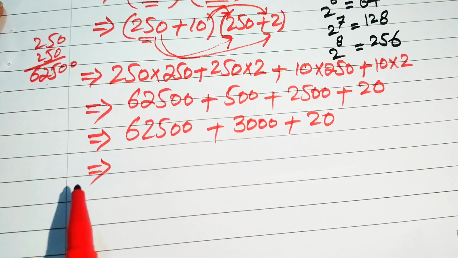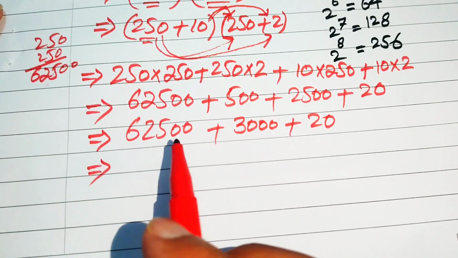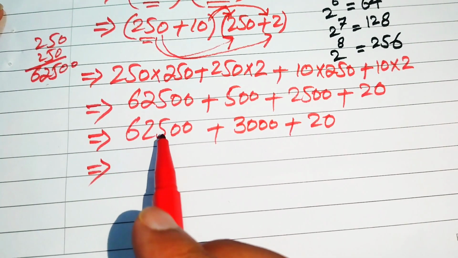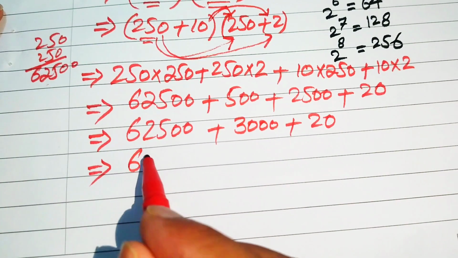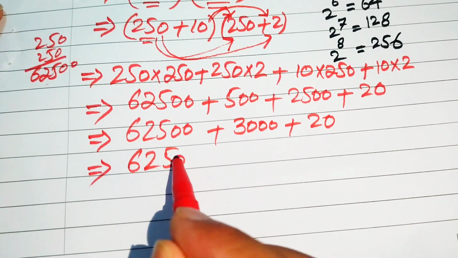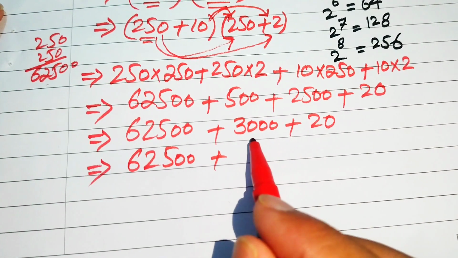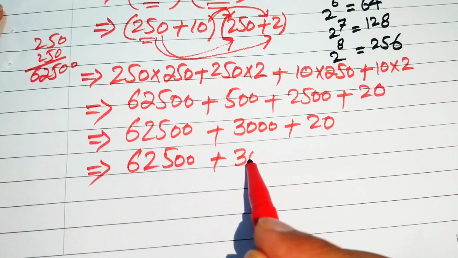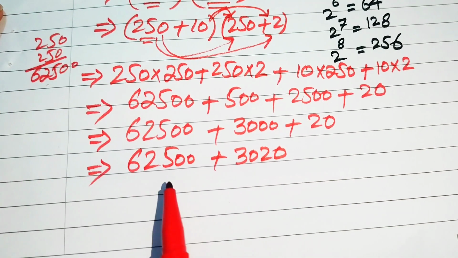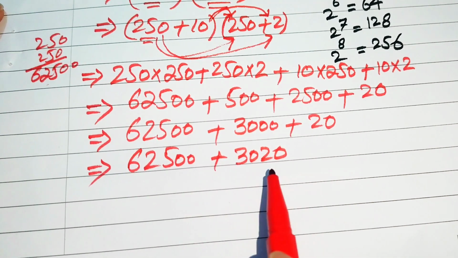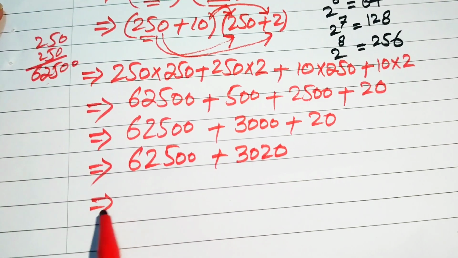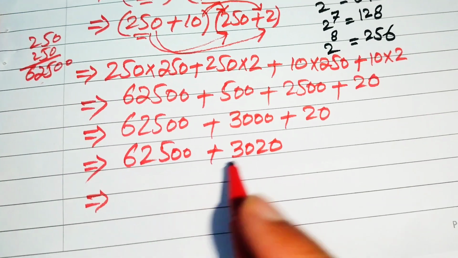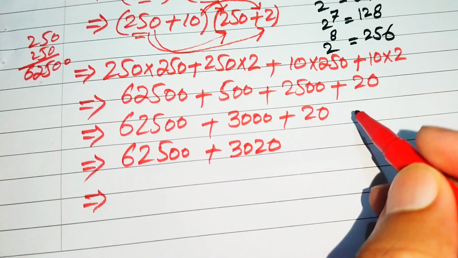Now it is time to add these two values, 62,500 and 3020, by the traditional way.